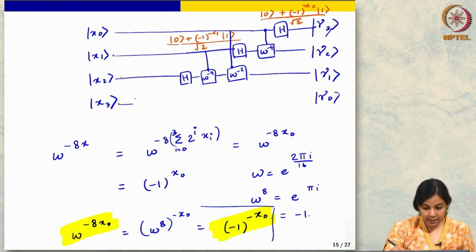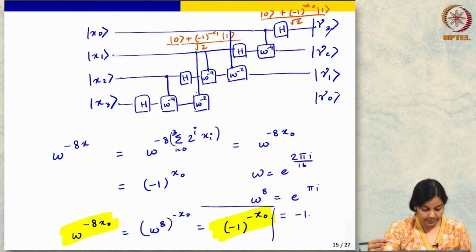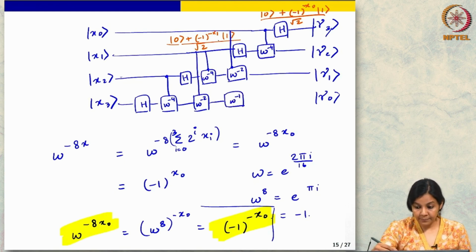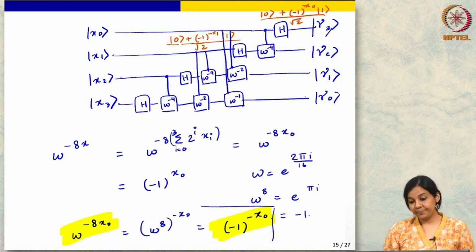And for x3 I will get H, omega to the minus 4 coming from here, omega to the minus 2 coming from here, and then omega to the minus 1 coming from here, and this will give me my gamma 0.